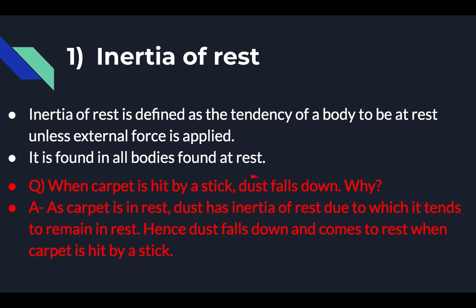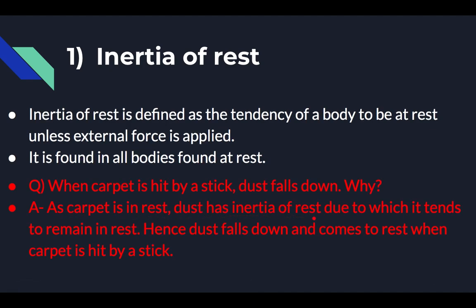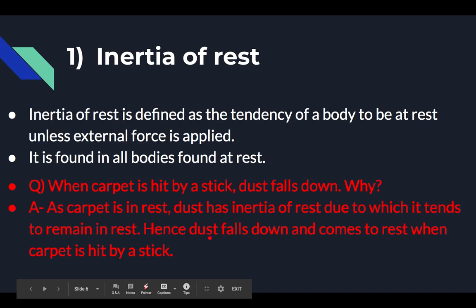But the dust doesn't want to come in motion. It wants to be at rest because it has inertia of rest. That is why the dust falls down and again comes to rest. That's the answer here. As the carpet is at rest, the dust has inertia of rest, due to which it tends to remain at rest. Hence, the dust falls down and comes to rest when the carpet is hit by a stick.